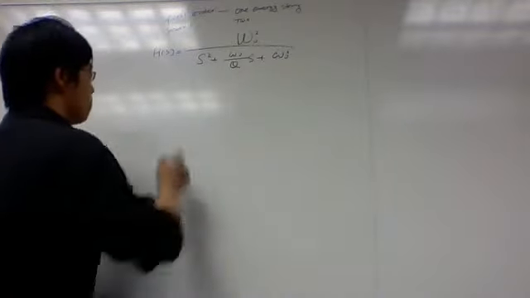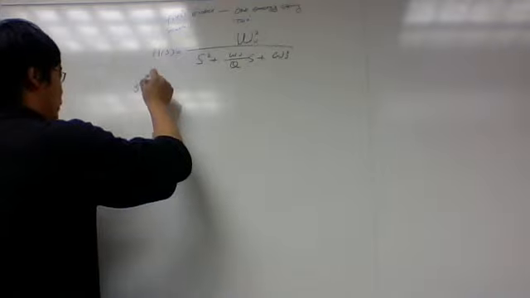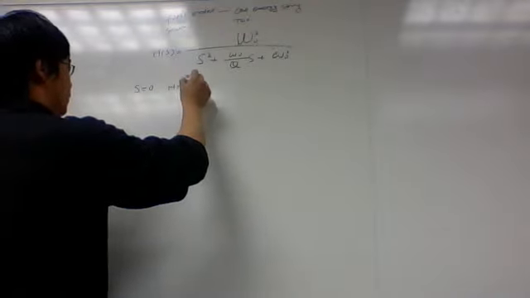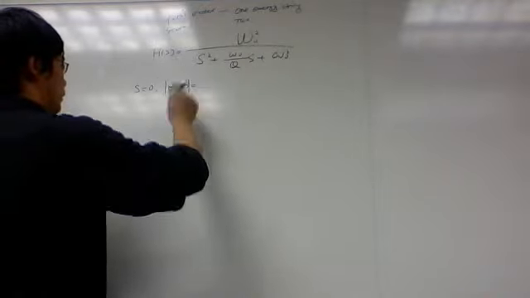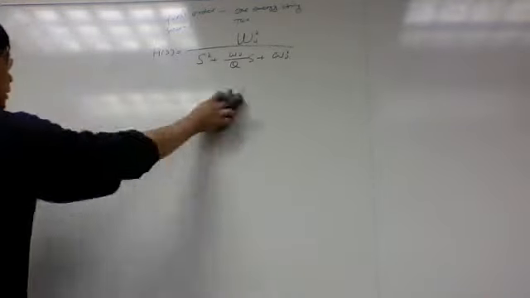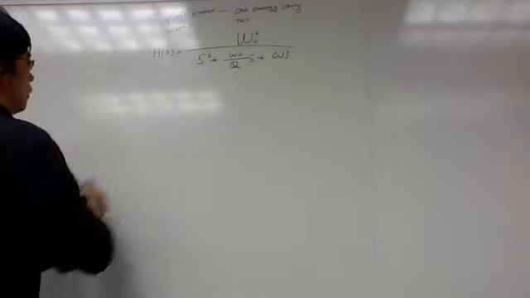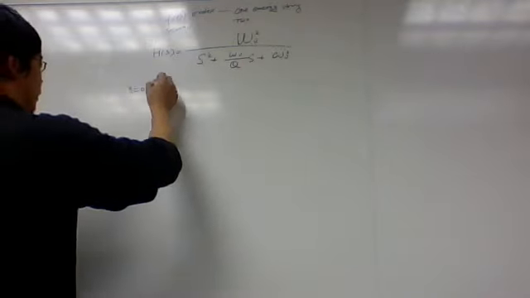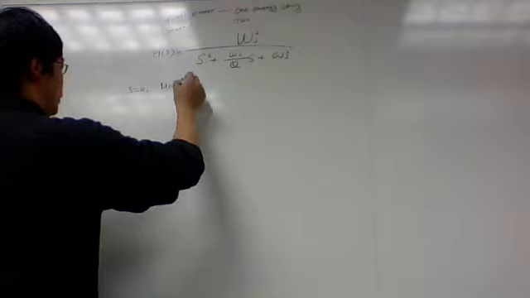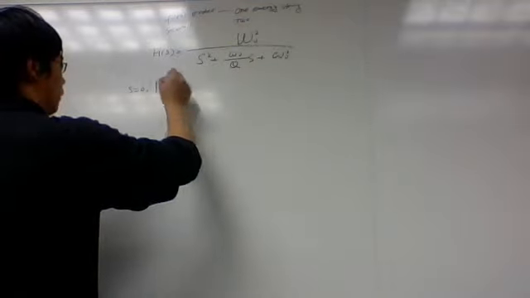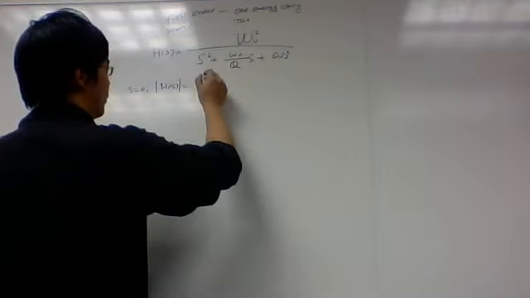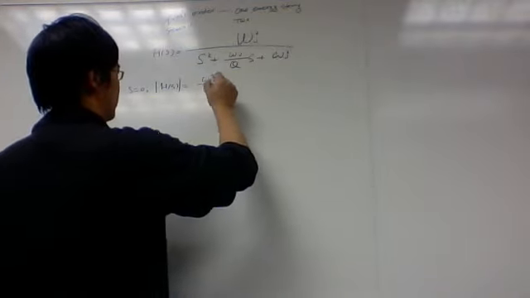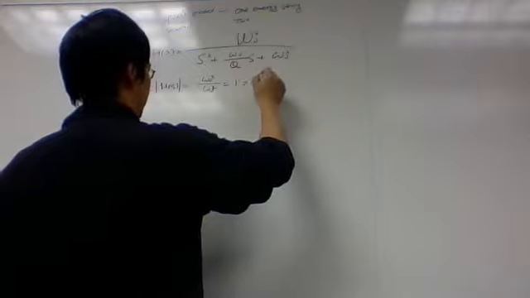If you have a transfer function like this, when s is 0, H of s will be omega 0 squared divided by omega 0 squared, so it's 1, 0 dB.